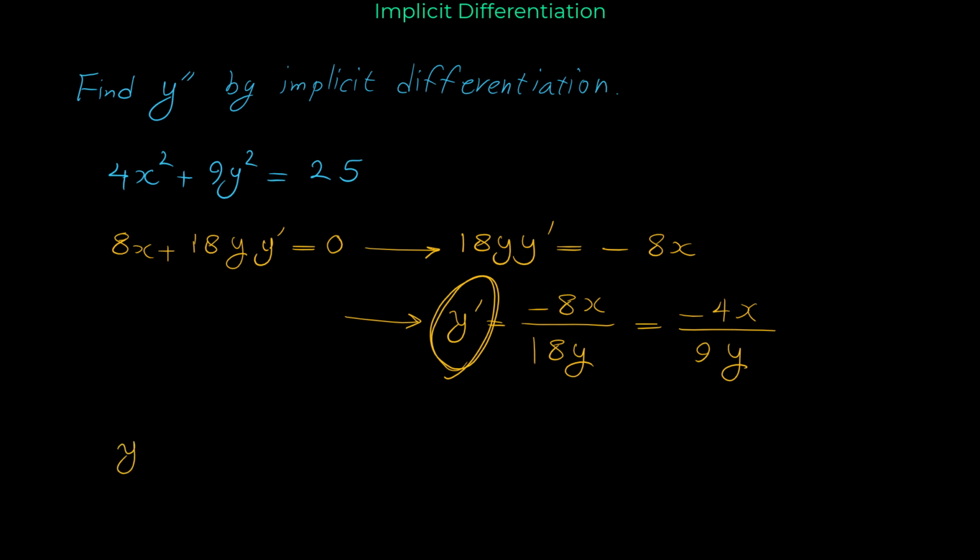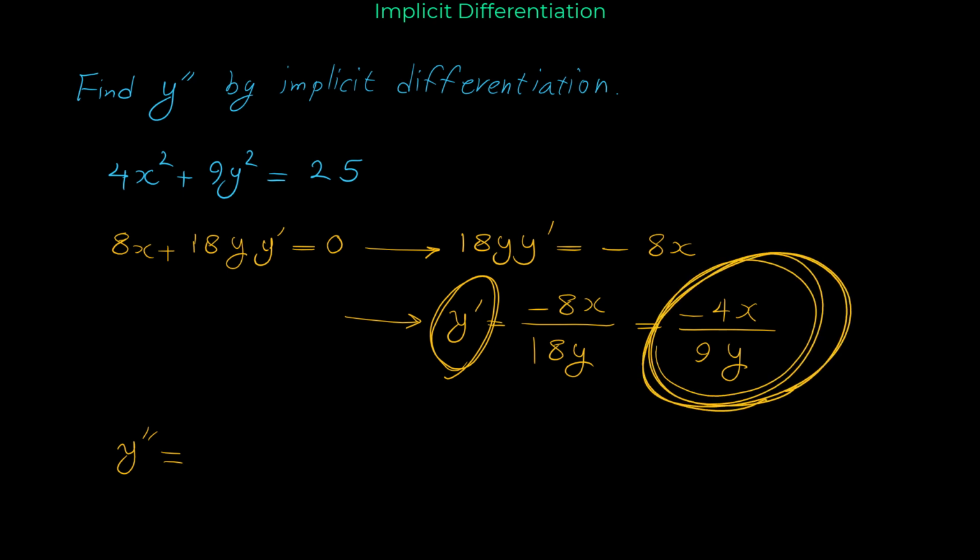So we have y double prime equals the derivative of this with respect to x. But don't forget that when you are finding the derivative of this, remember this is like an implicit relation. So when you take the derivative of y, don't forget to multiply it by y prime. And of course, because here we have a fraction, we need to use the quotient rule.